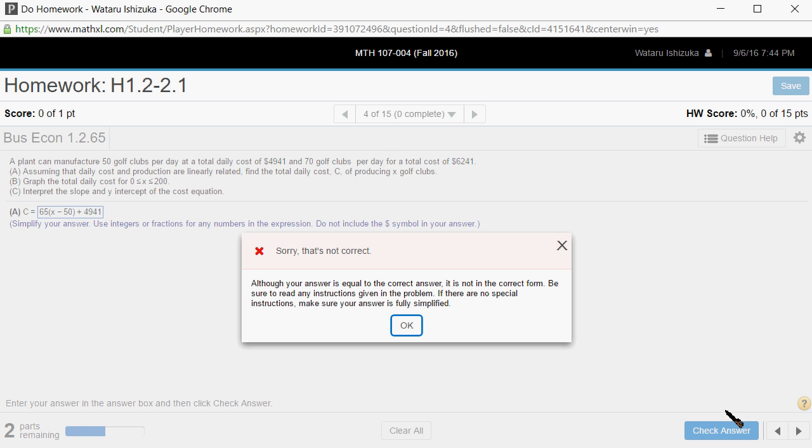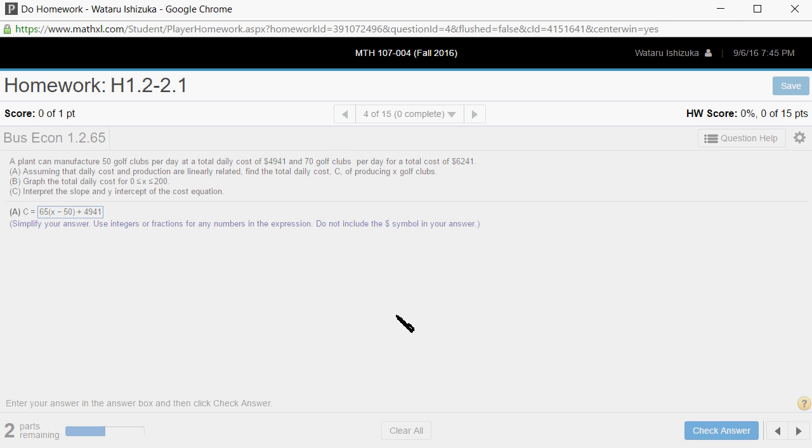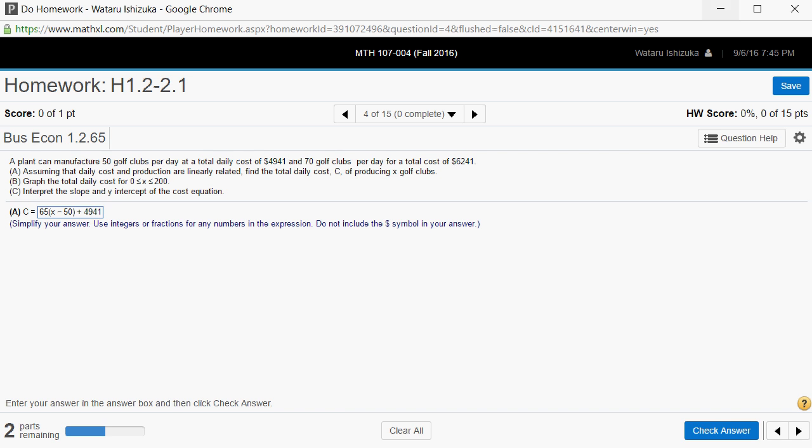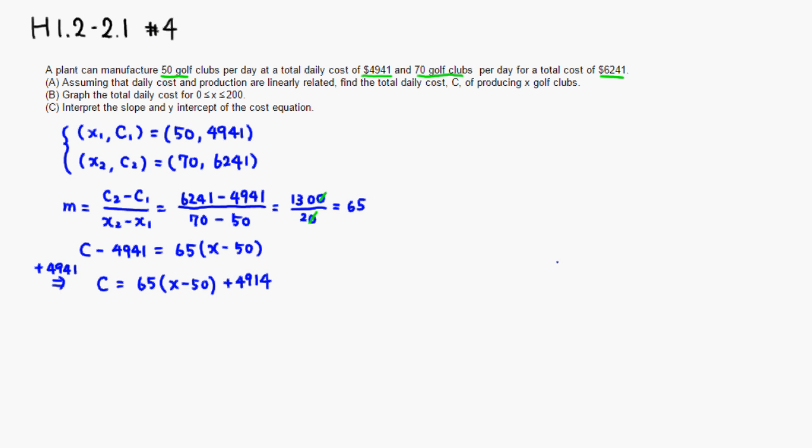Yep, actually, let's simplify your answer. Use integers and fractions for any numbers expressed. Okay. Alright, so we have to simplify this. So I'm going to just distribute 65 to X. We're going to get 65x, right?